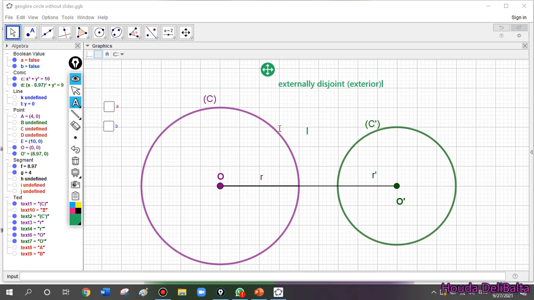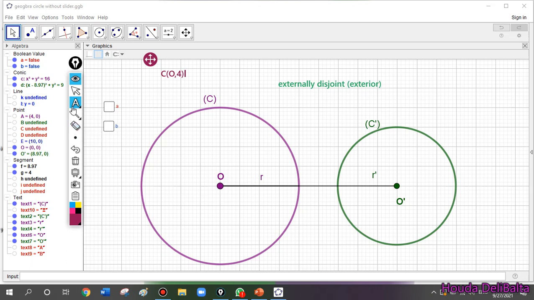Okay, now let's make a little revision on how to represent a circle. Here, as you see, this circle C, the purple one, is represented as follows: capital letter C, then parentheses. O is the center, and the radius measures 1, 2, 3, and 4, so the radius is 4.